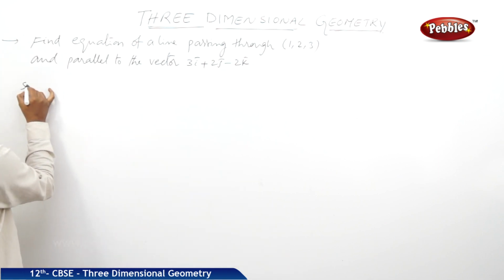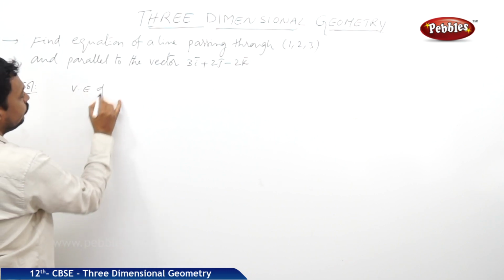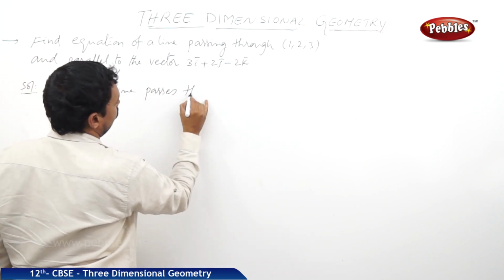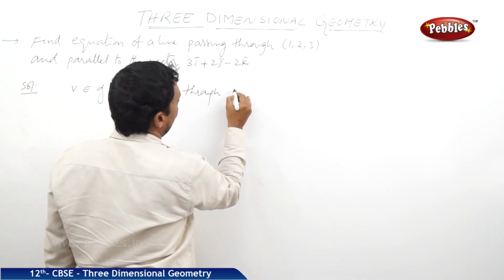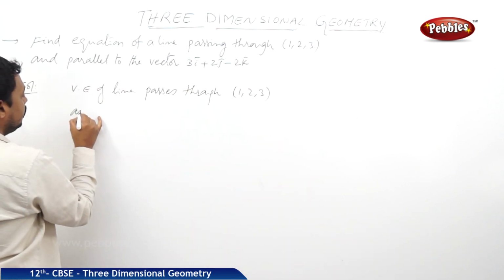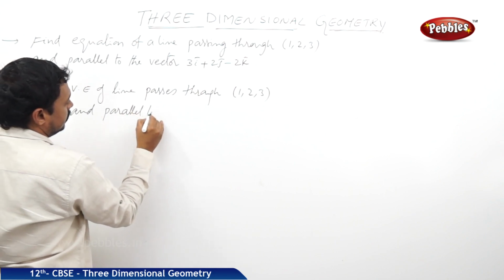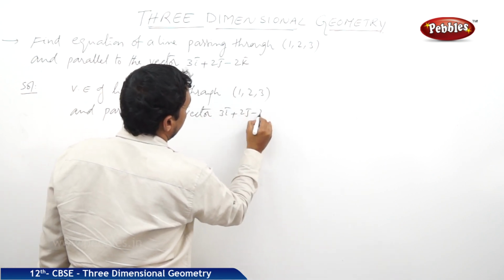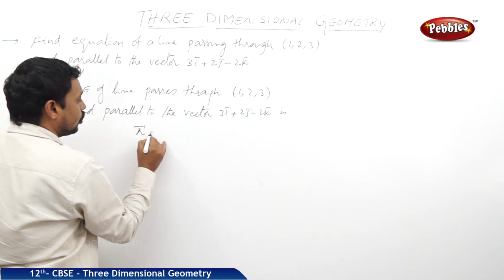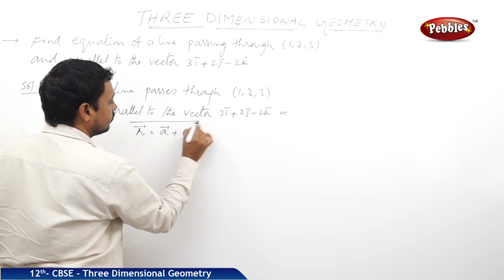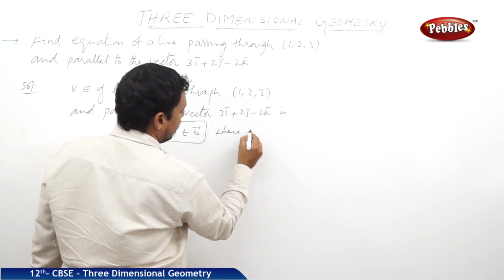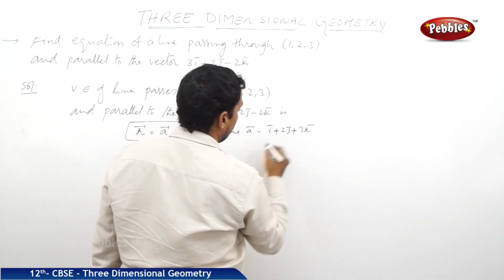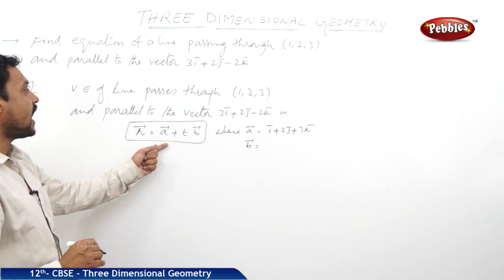But already we have that the vector equation of a line passing through the given point (1, 2, 3) and parallel to the vector 3i plus 2j minus 2k is r bar is equal to a bar plus t into b bar, where a bar is the position vector of the given point, that is i plus 2j plus 3k, and b bar is the vector that is parallel to the line.